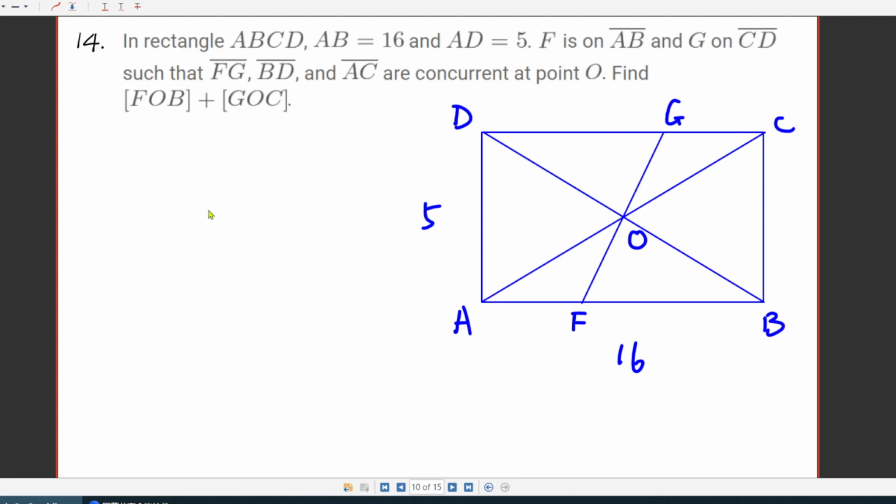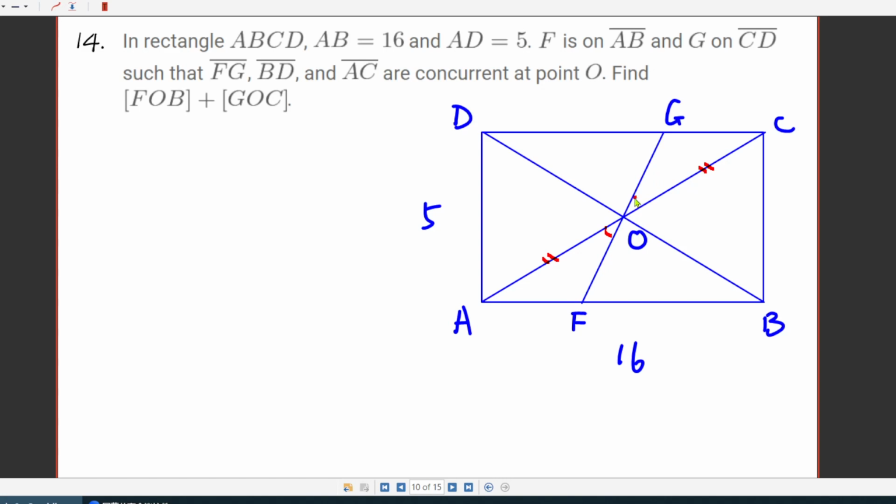Okay, since the diagonals of a rectangle bisect each other, we know that AO should equal OC, right? And vertical angles are equal, so angle AOF equals angle COG.